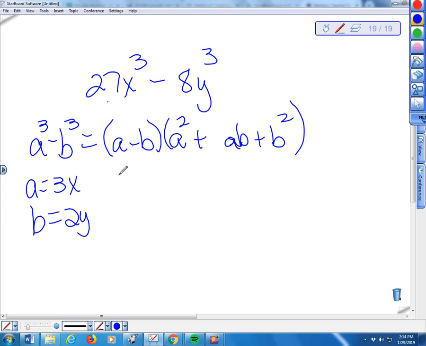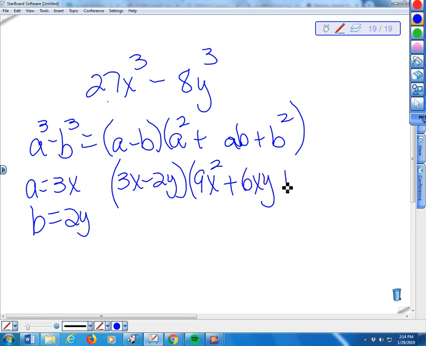Okay, so it's 3x minus 2y, times 9x squared plus 6xy plus 4y squared. Once you get it this far, this will never be factorable. Don't even need to try.